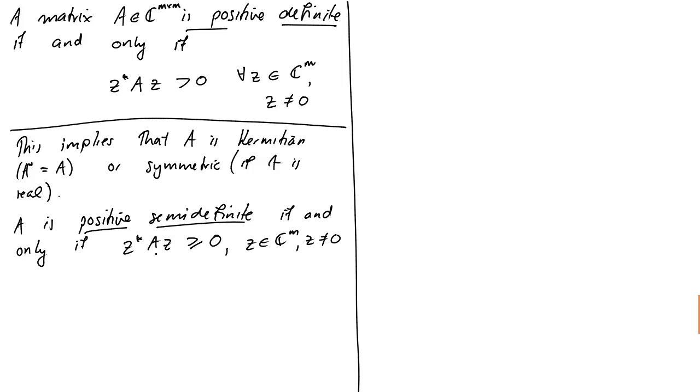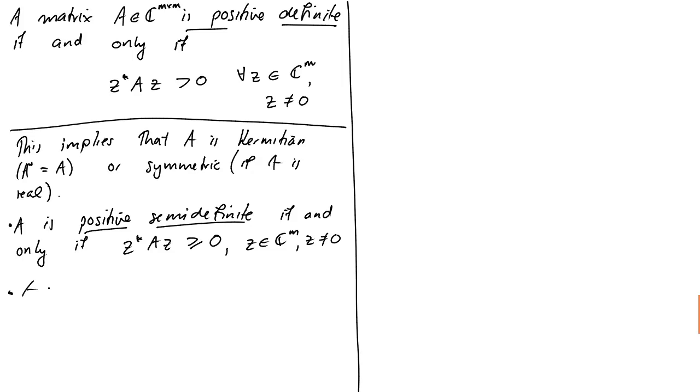So we relax the definition of positive definite to include matrices for which there is a z such that z star Az equals 0, and such a matrix is called positive semi-definite. Positive semi-definite includes all the positive definite ones, but also allows for some more.